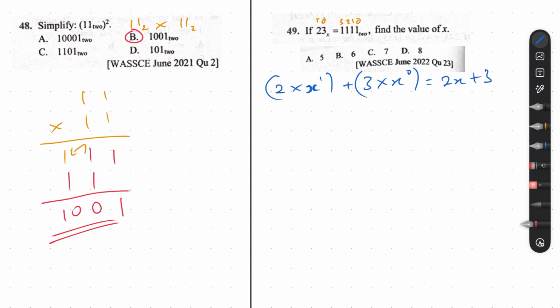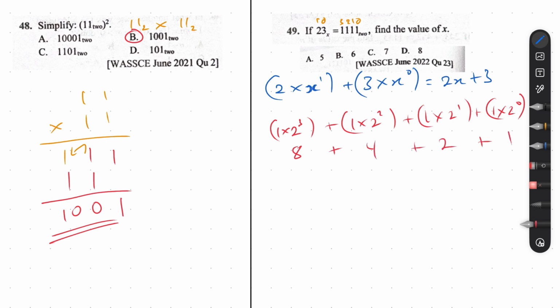Then we do it for the other side also. We have 1 times 2 exponent 3 plus 1 times 2 squared plus 1 times 2 power 1 plus 1 times 2 power 0. This will give us 8 plus 4 plus 2 plus 1, which is what? 15. So we have 2x plus 3 is equal to what? 15.